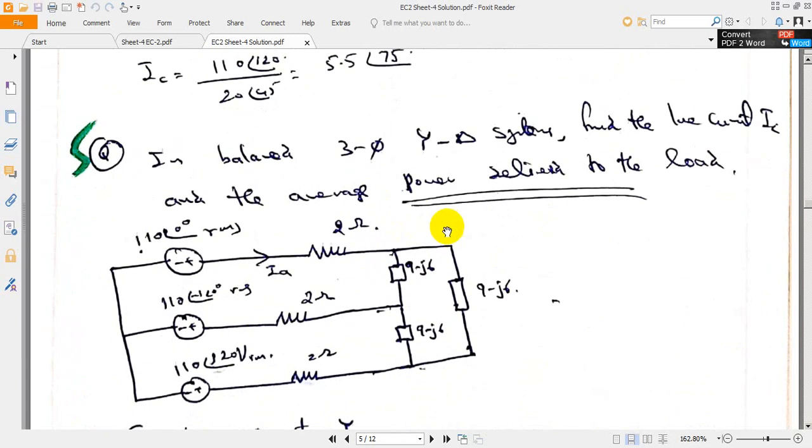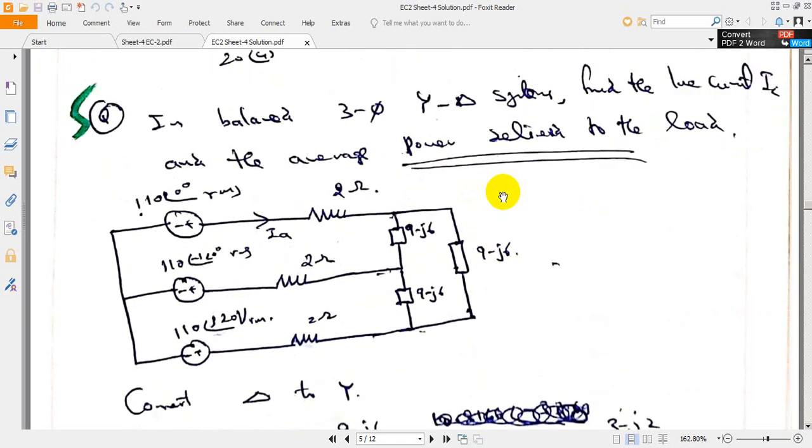Coming to the 5th question, this is a similar question to question number 4. We have a balanced 3-phase Y delta system. Find the line current IL and the average power delivered to the load. We need to identify the line currents, which means IA, IB and IC.